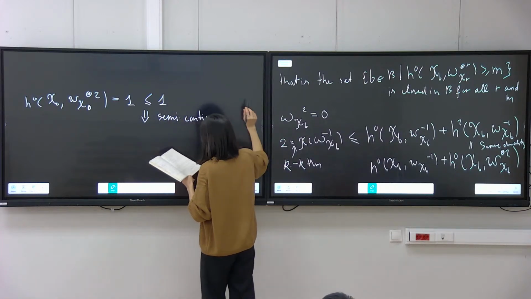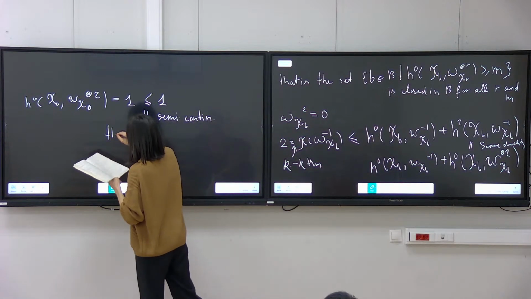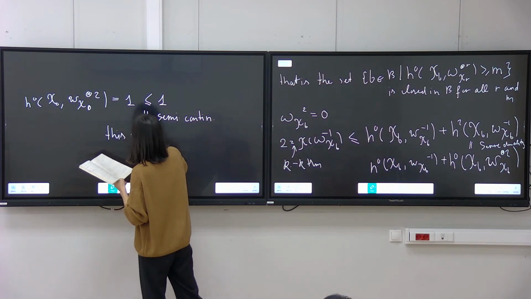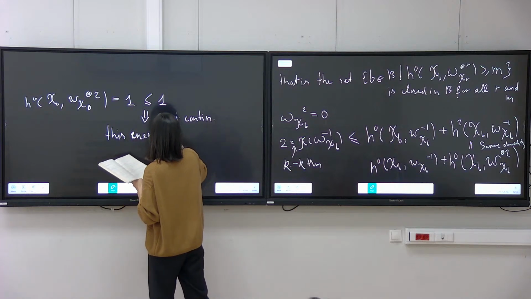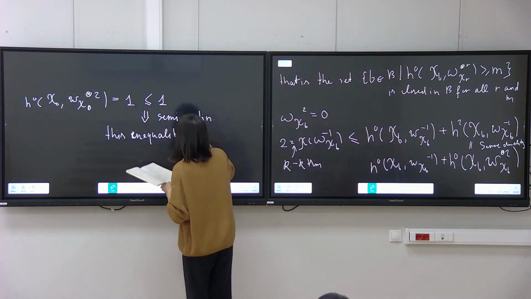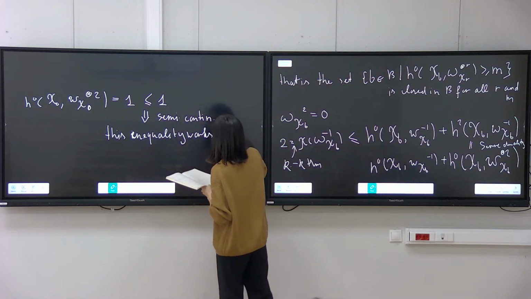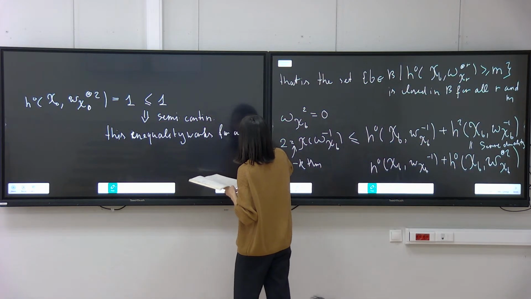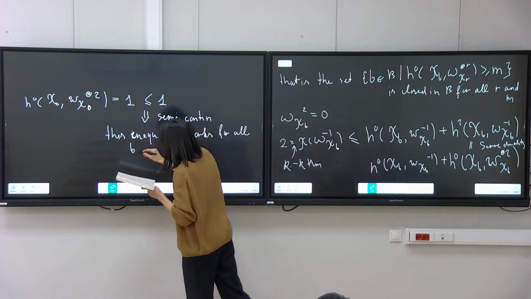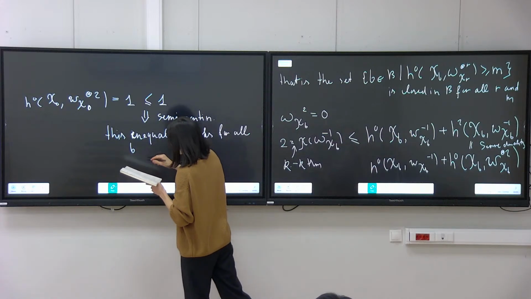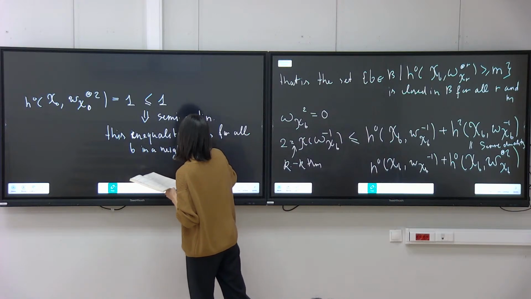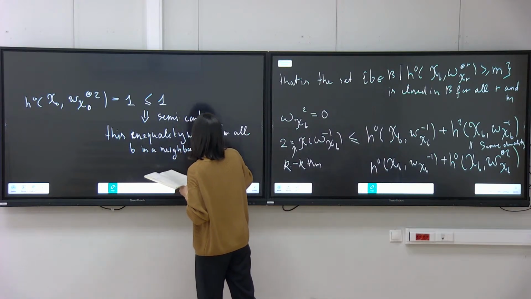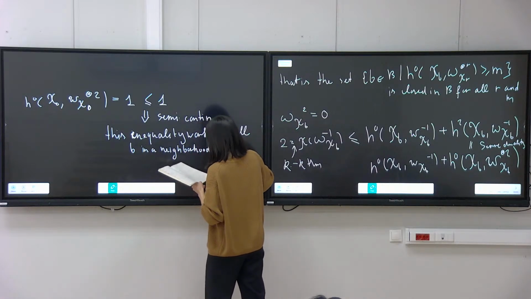you understand. This inequality works for all points B in a neighborhood of 0.